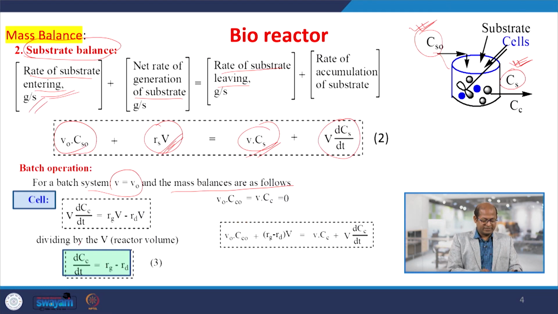For the batch system we can write V into dCc by dt equals Rg into V minus Rd into V, okay. If we divide both sides by V, then dCc by dt equals Rg minus Rd. That is the cell balance, and this way we can write the equation.